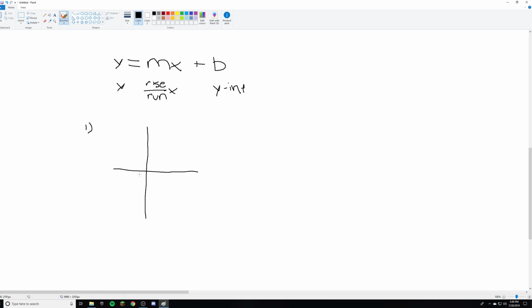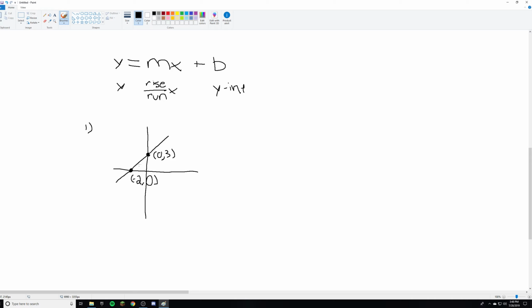So I'm going to start with a line that goes from here to there. Let's say this right here is point (0, 3), and this point right here is (-2, 0).